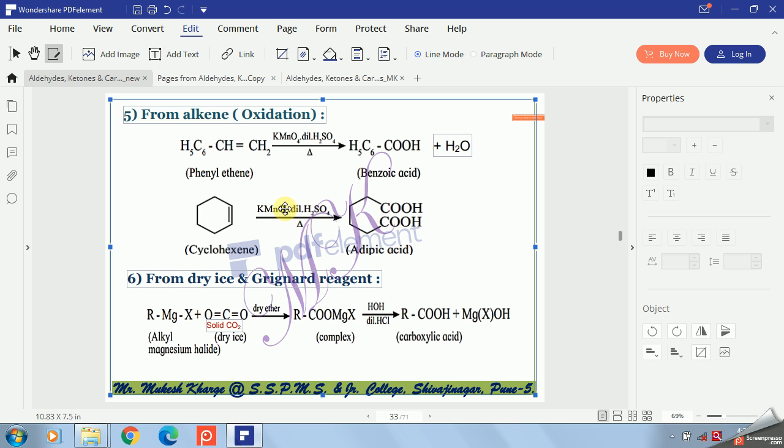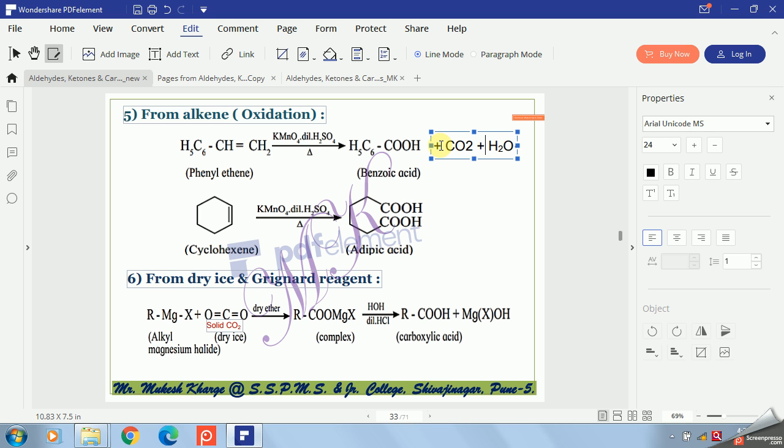So this is acidified KMnO4, which is used as an oxidizing agent. Okay, so this is about the reaction. Here one more product is CO2. Okay, so CO2 is also one of the byproducts.